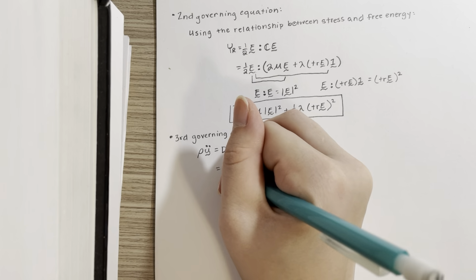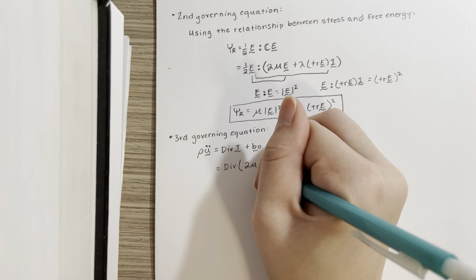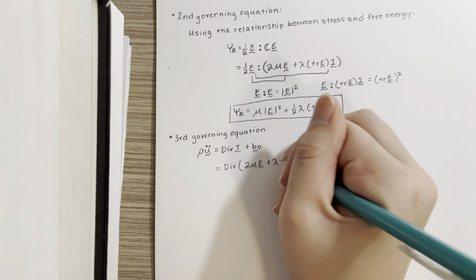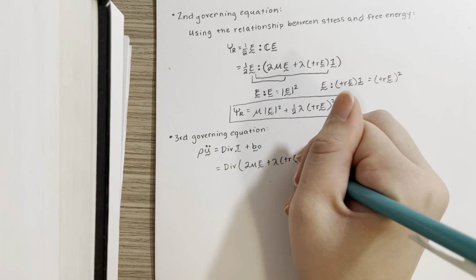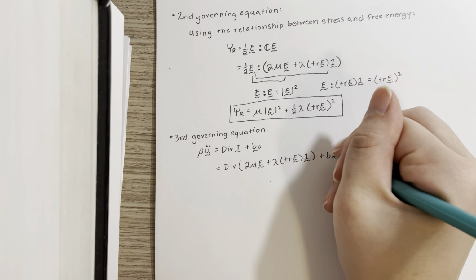So we have the divergence of 2 mu E plus lambda trace of E times the identity tensor plus B0.